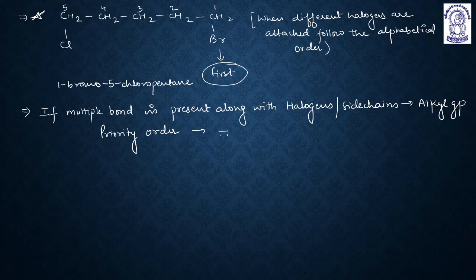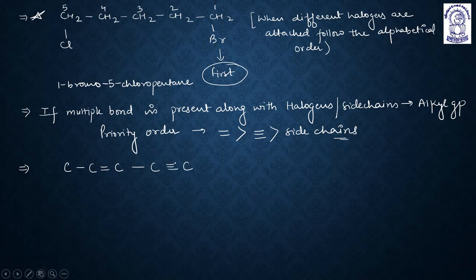The double bond comes first, then the triple bond, then the side chains. If in a carbon chain both a triple bond and a double bond are present, then the double bond comes first, then the triple bond.